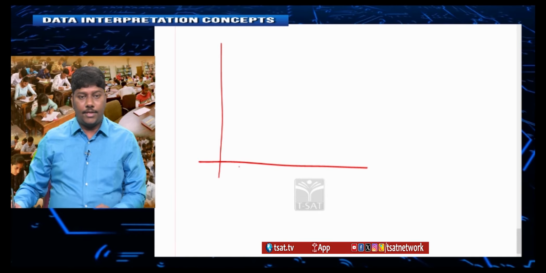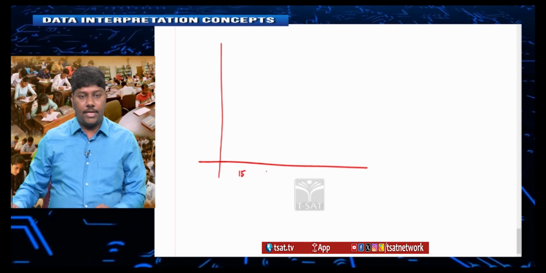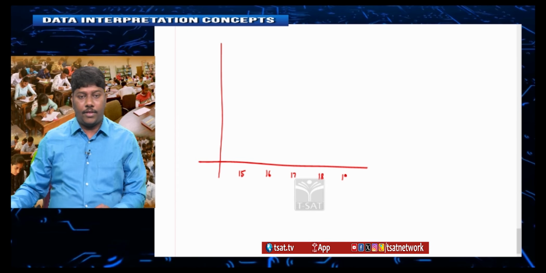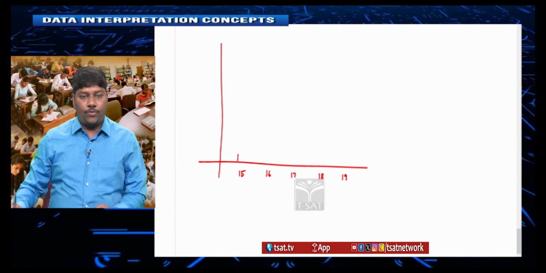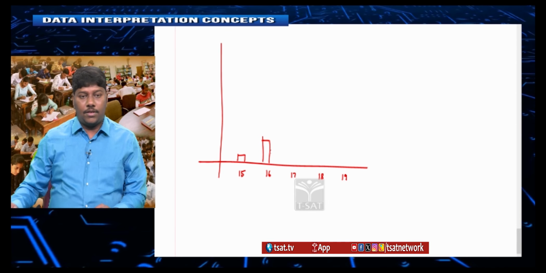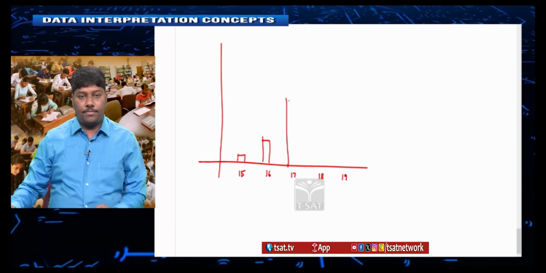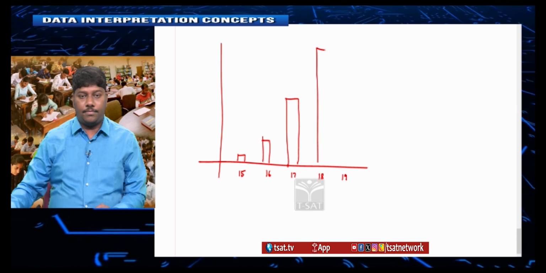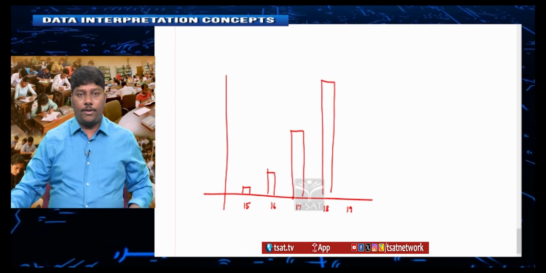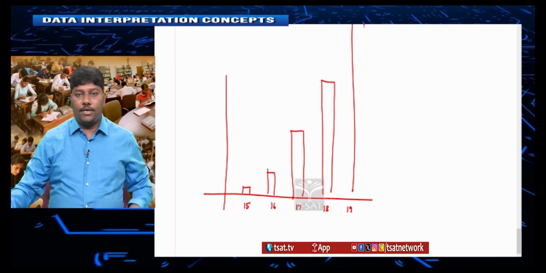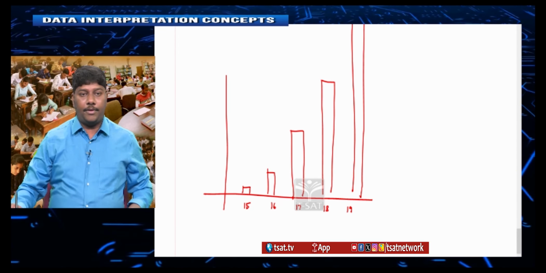I'm going to say this is data in 2015, same thing 16, 17, 18, 19. This is just 1000. Let's say it is 4000. Now this one is 12,000. It's 24,000. So I'm just adding the data a little further. This is 40,000.